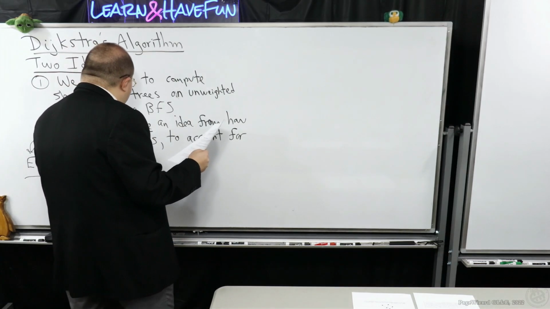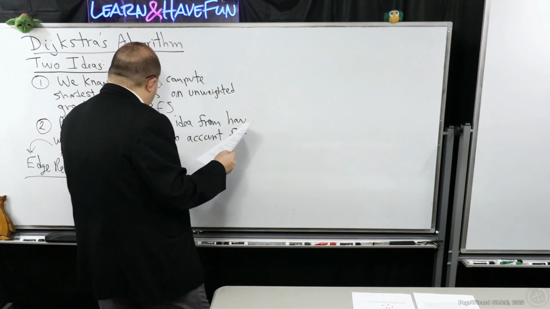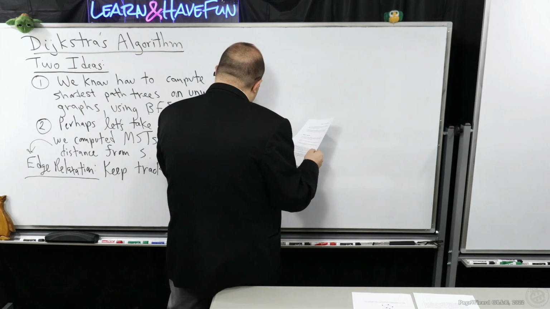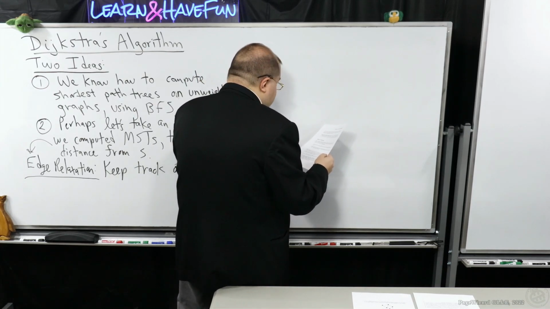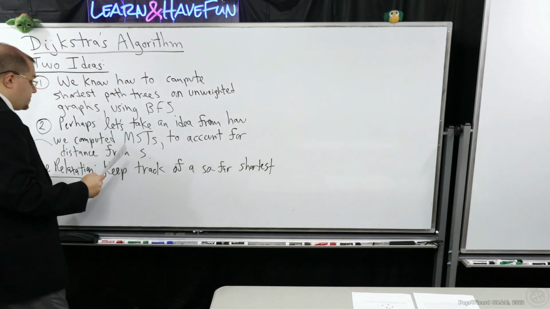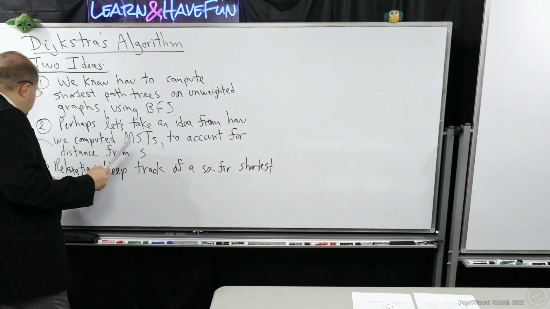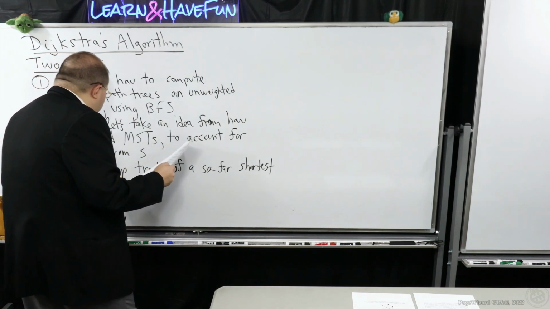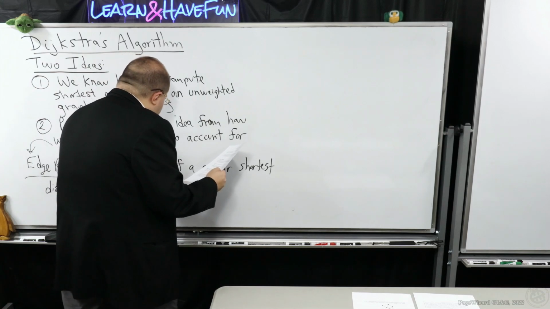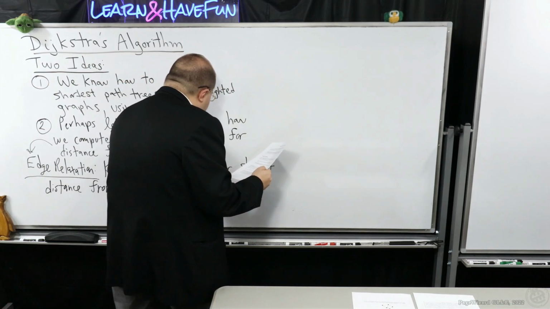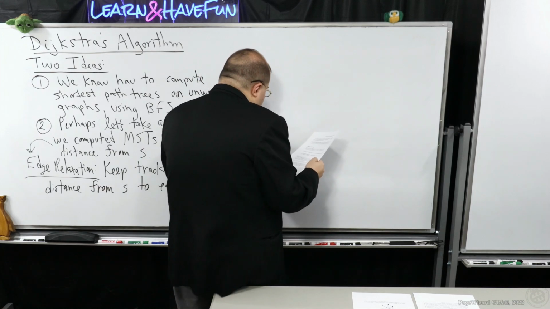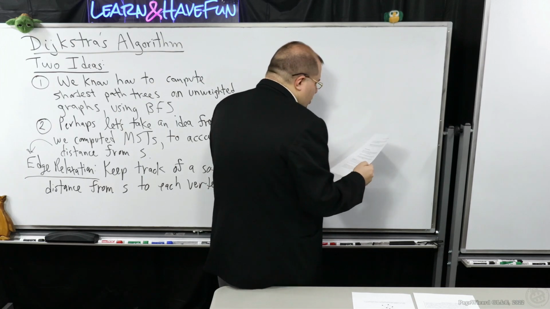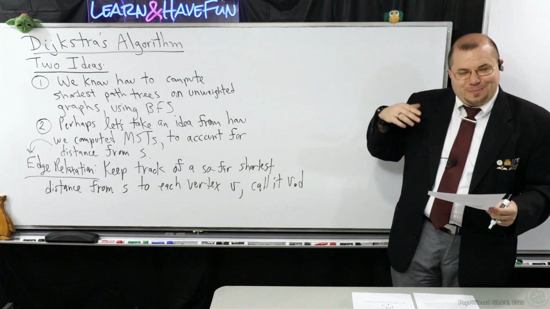So we're going to keep track of a so far shortest distance from S to each vertex V, and we're going to call that v.d. You might recall I used the same name when I talked about Prim's algorithm.